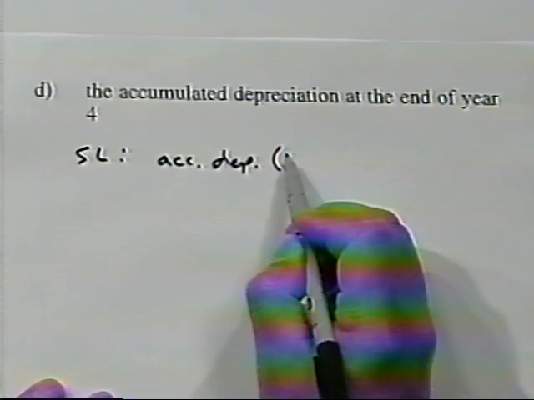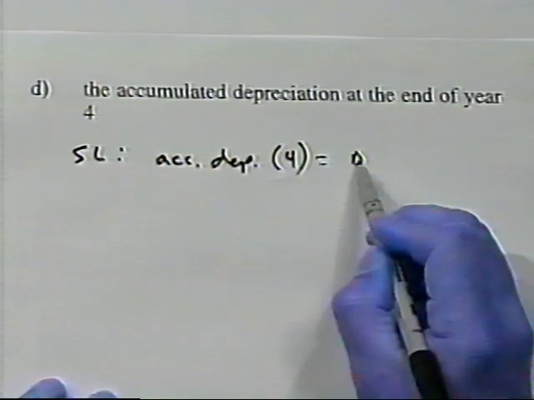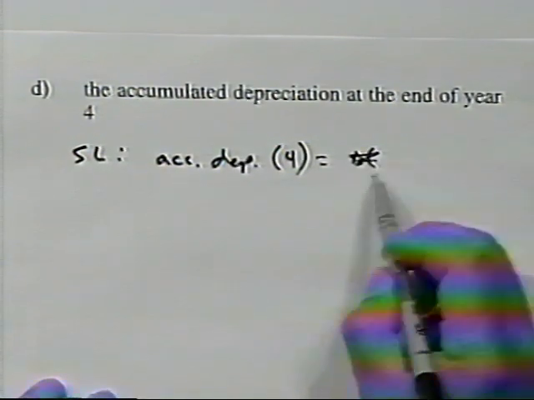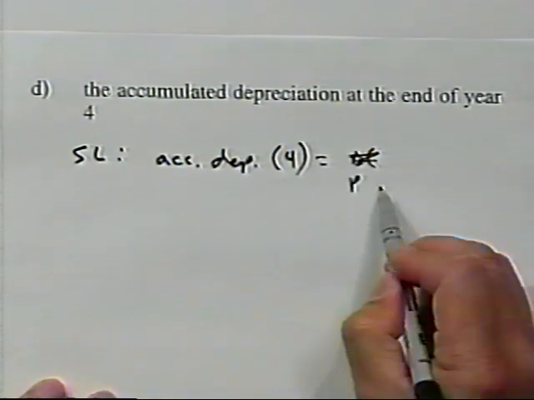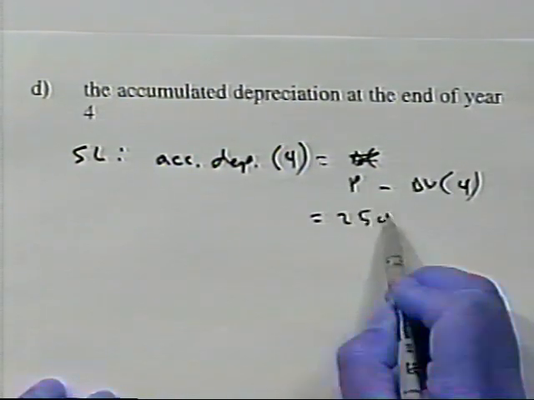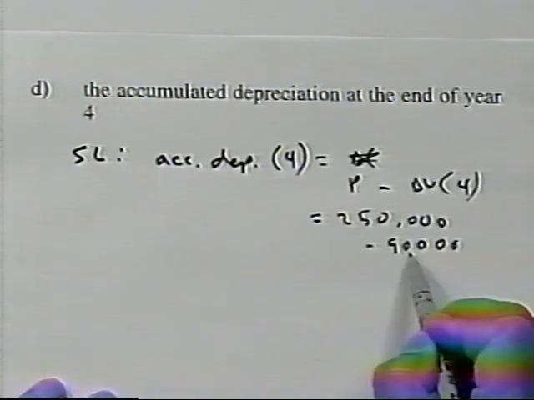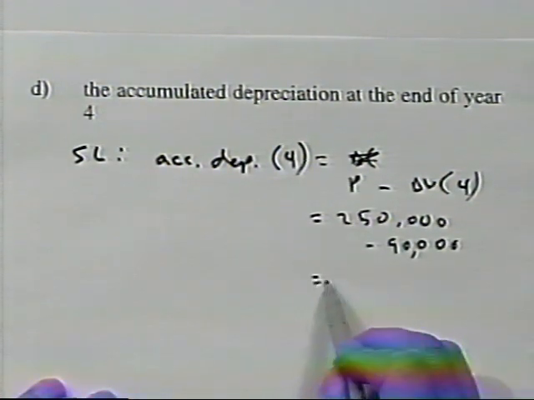So the accumulated depreciation at end of year 4, I'll use that notation here, is the first cost minus the book value at the end of year 4 equals $250,000 minus $90,000 equals 160.